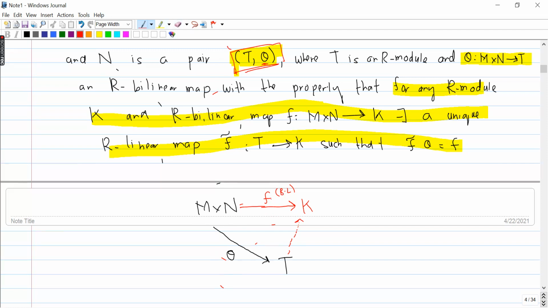Whenever we have a bilinear map from M cross N to K, we can always construct a linear map from T to K. And what is the property of this linear map? That this diagram commutes.